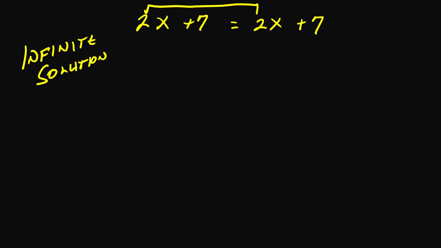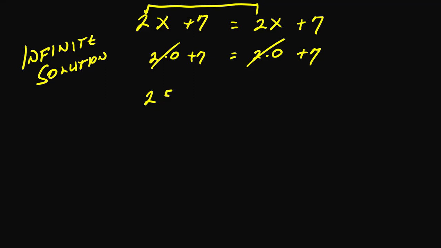Let's just put any number that we want in for x. Let's do 0. If I put in 0, that's going to be 2 times 0 plus 7 equals 2 times 0, add 7. That's a 0, that's a 0. Let's put in a 5. 2 times 5. Ooh, that's an ugly 5. I have trouble with 5s for some reason.